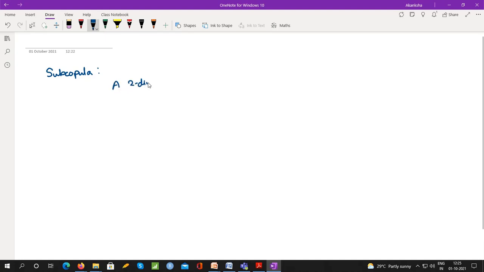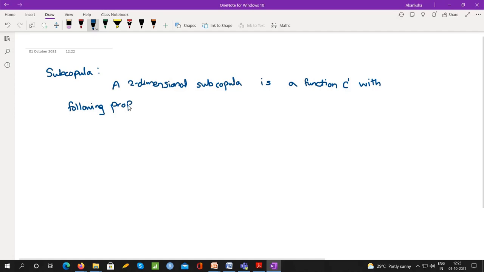A two dimensional subcopula is a function, which we generally denote by C prime, with the following properties. What are those properties?